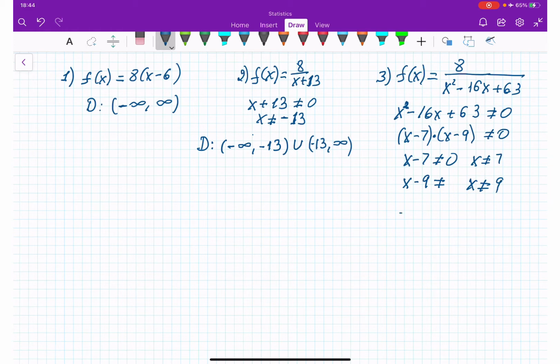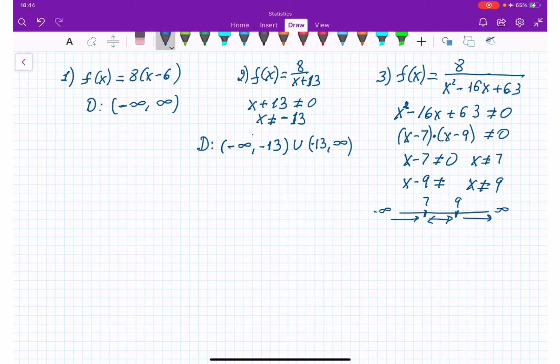Let's see, 7 and 9. See how many intervals it's breaking into: from negative infinity coming till 7, and then between 7 and 9, and then from 9 to positive infinity. And we are going to use parentheses to show that 7 and 9 are not included.